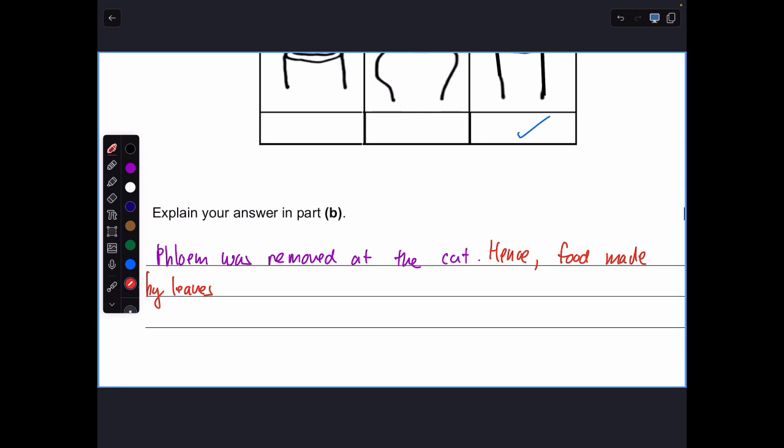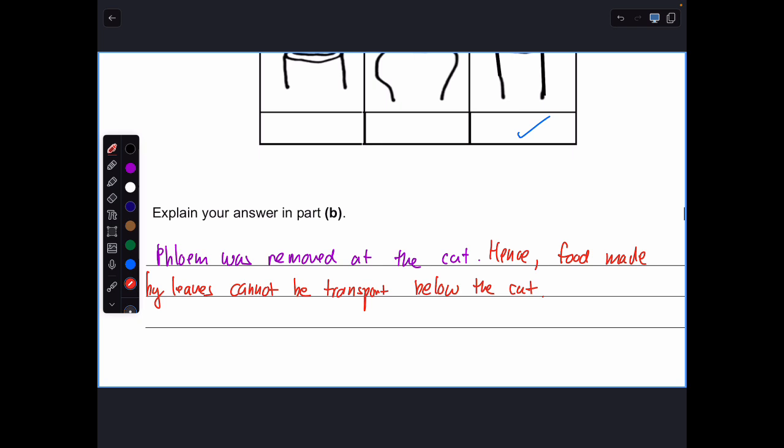Food made by the leaves cannot be transported below the cart. This is the best answer. Some of you say cannot be transported to the roots. Okay, fine. But my main point is still cannot be transported below which point? Below the cart. Second marking point.